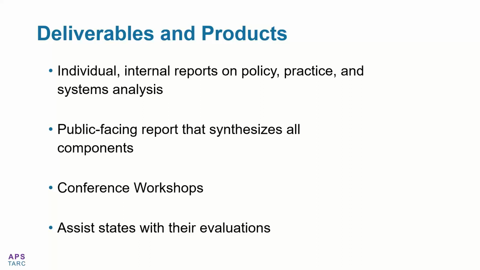This is what to look forward to then in terms of deliverables and products. We've given ACL individual internal results on each of those 3 components: policy, practice, and systems analysis. So it's basically, those are reports that say, here, it's not the raw data, but here is all of the data. We're producing for you a public-facing report that kind of synthesizes all 3 components.